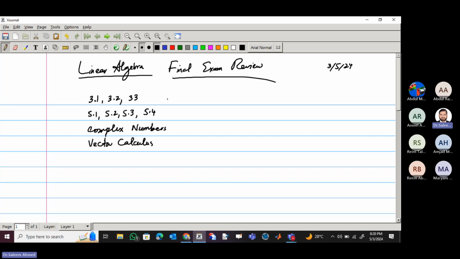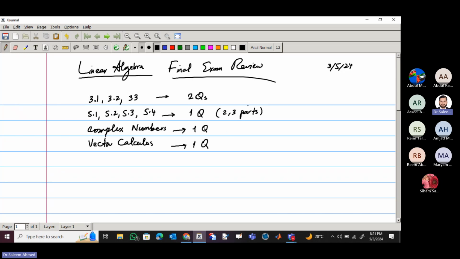So what I am planning is, in 3.1 and 3.2, two questions here. One question, but maybe 2-3 parts. And one question from complex numbers and one question from calculus, right? So this is what I'm planning, 5 problems.